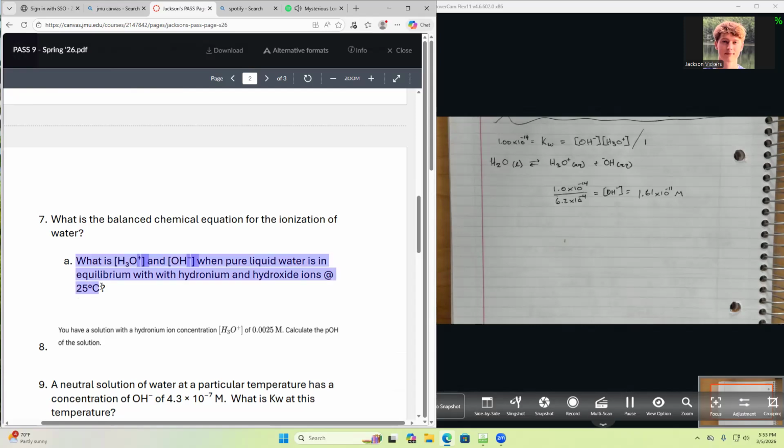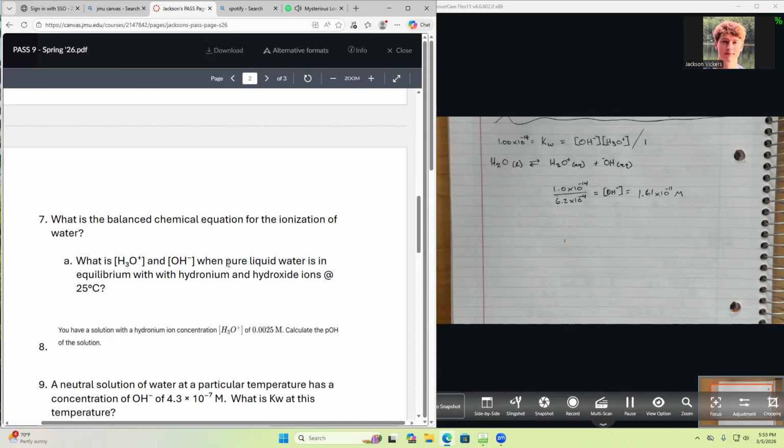This is a good one though. What is H3O plus and OH minus when pure liquid water is in equilibrium with hydronium and hydroxide ions at 25 degrees Celsius? This is a fancy way of asking, at equilibrium when we have this value, we can calculate the concentrations of both hydroxide and hydronium.